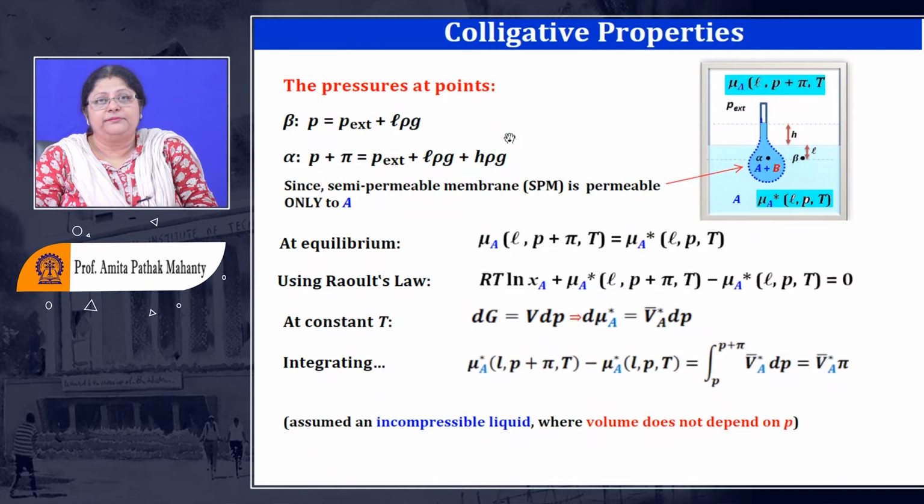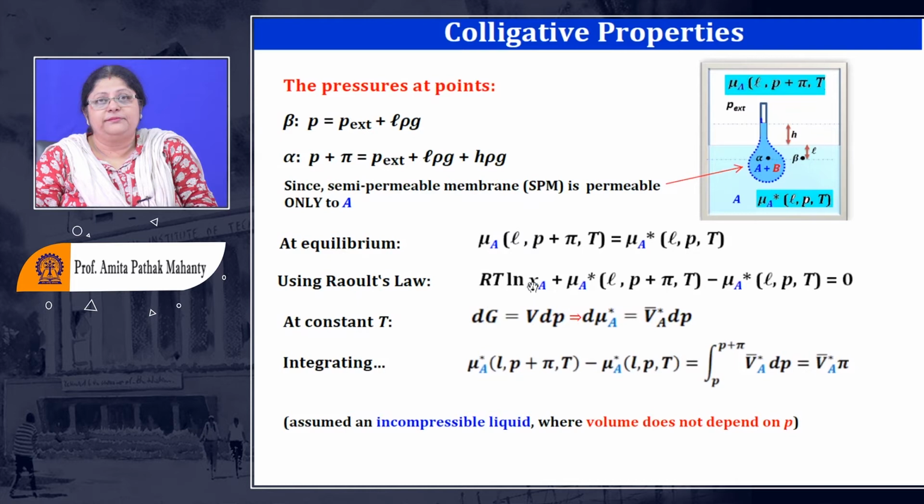So if I rewrite the chemical potential of the pure liquid for the solution, I can write the chemical potential of the pure species plus RT ln of the mole fraction of the solvent.